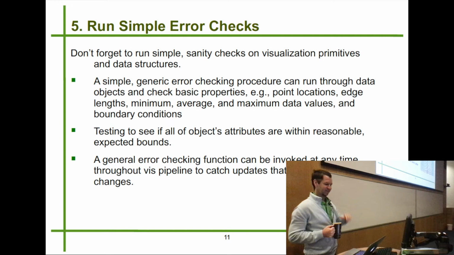A simple generic error checking procedure can run through the data objects and check basic properties, point locations, edge lengths, minimum, average, and maximum data values, and boundary conditions. Right? I'm trying to think of an example that might apply to the coursework. A very simple error checking procedure could check all the high scores and make sure that none of them are negative, for example.